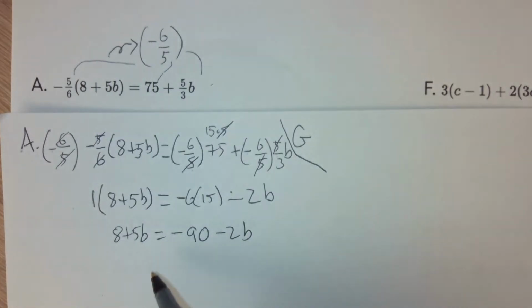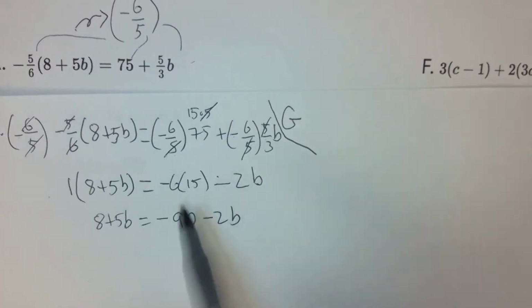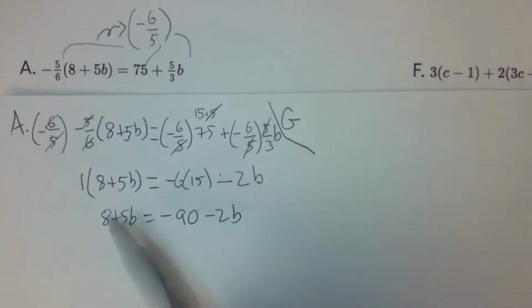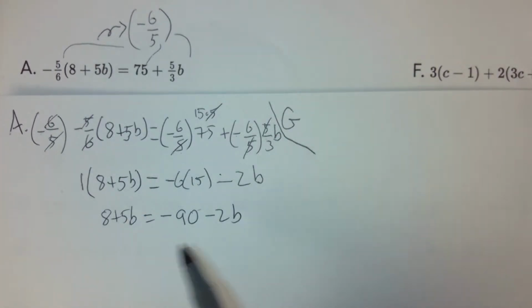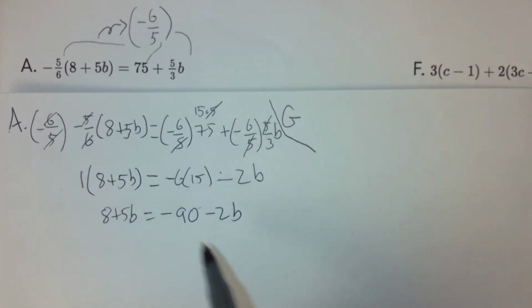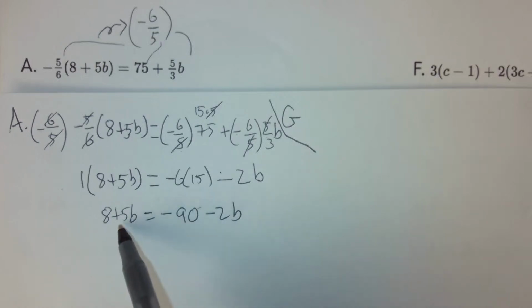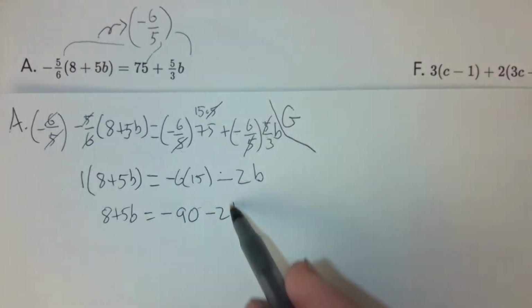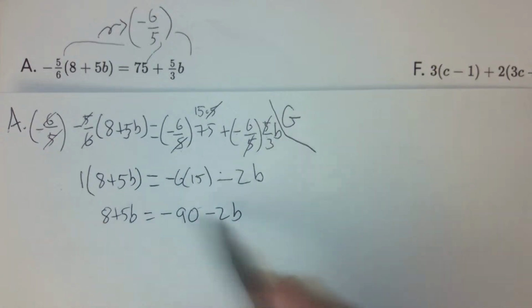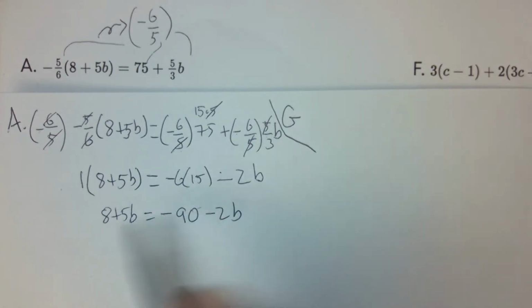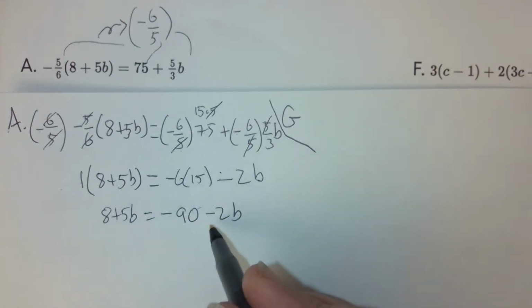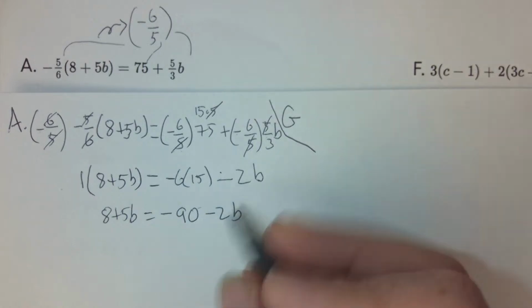Now, like we've talked about in class, how do I solve an equation with variables on each side? Some students said collect like terms. I cannot do that here. I don't have the variables on the same side. I want to move one of the variables, and in this case, I want to move the smaller one from 5b and negative 2b.